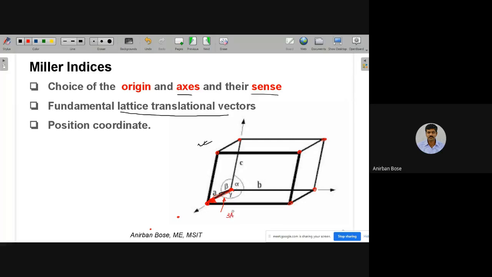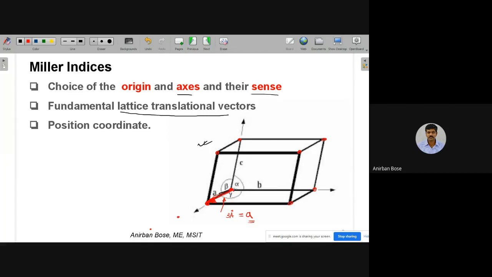We call this 3 angstrom the lattice parameter in that direction, say A. So A is basically this particular length, which may be 3 angstrom or 5 angstrom depending upon the actual lattice.